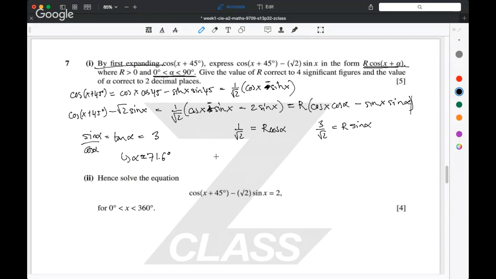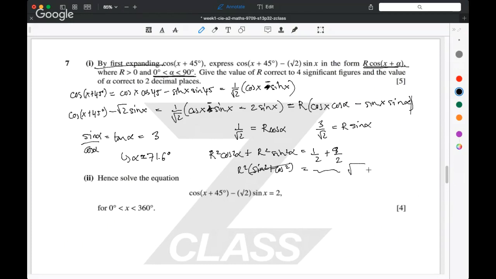Now for r, I go the other way, and what I do is square both of these and then add them. So I get r squared cosine squared alpha plus r squared sine squared alpha is equal to 1/2 plus 9 halves. And you see that this becomes r squared times sine squared plus cosine squared, which is just 1, is equal to that.